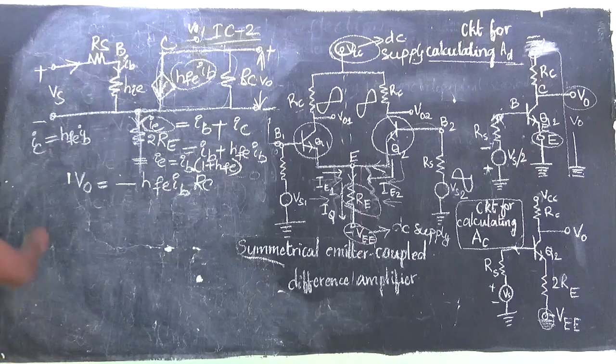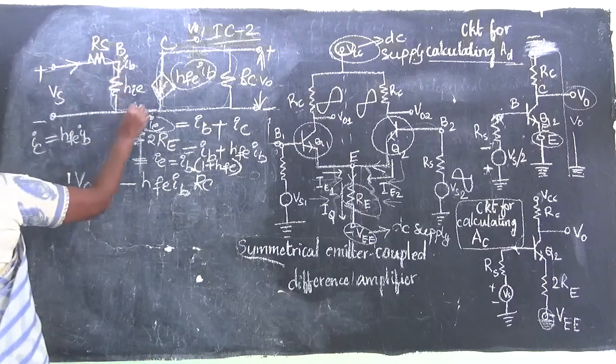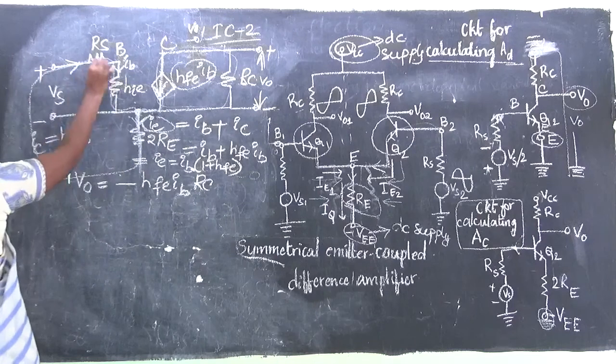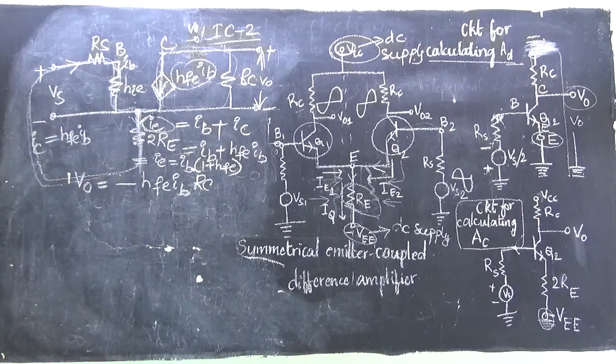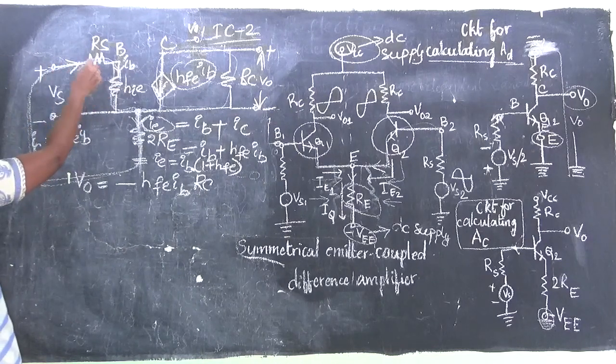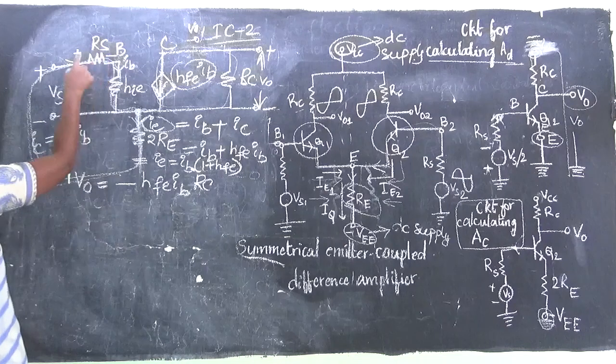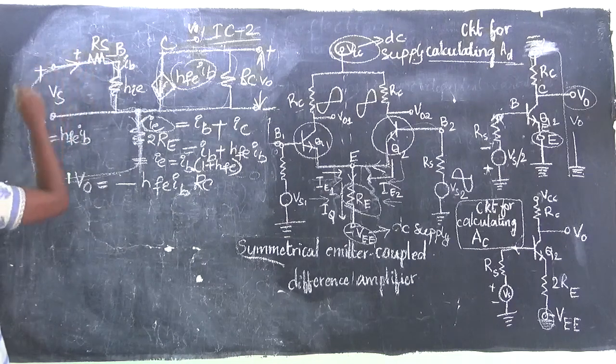So now, if I take this loop equation, what will happen? I will start with this. My current is flowing in this direction, so it will be plus, then minus, and the current through this is IB.